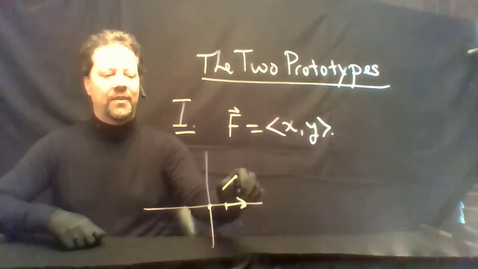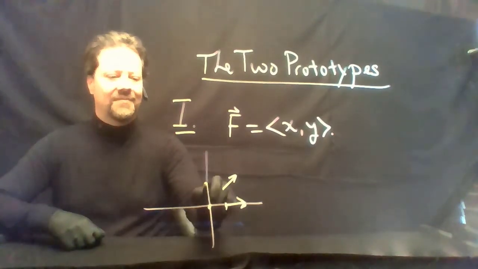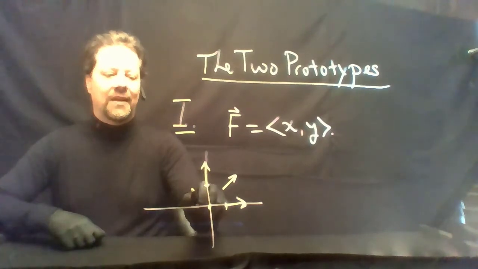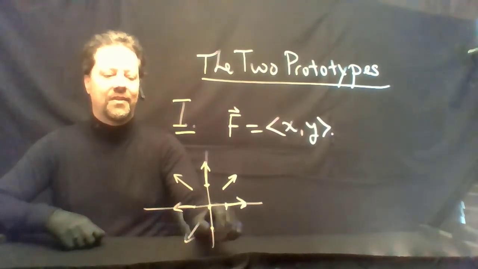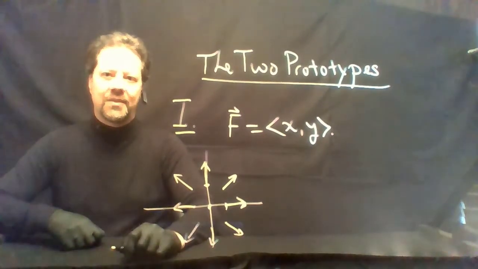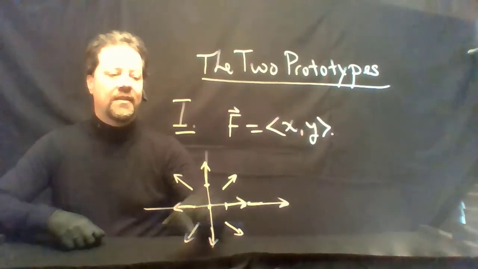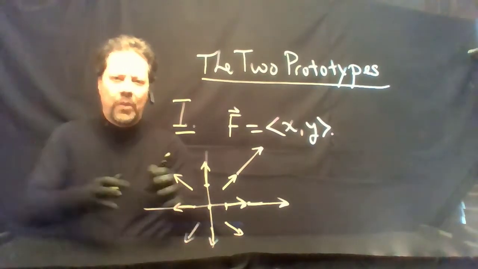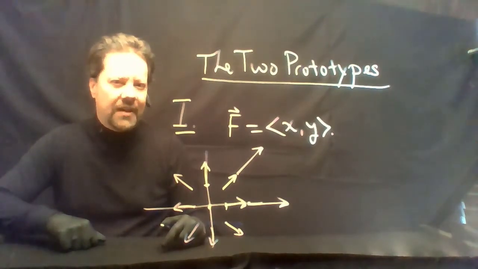At the point 1, 1 it outputs the vector 1, 1. At 0, 1 it outputs 0, 1. And you can see all the way around what happens to this vector field. These vectors point directly away from the origin. The farther out you go, the bigger these vectors get. Always pointing out, away from the origin. How would you describe this vector field?